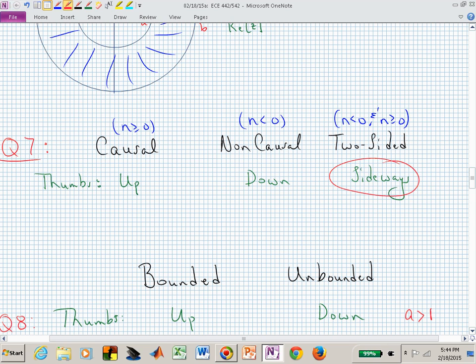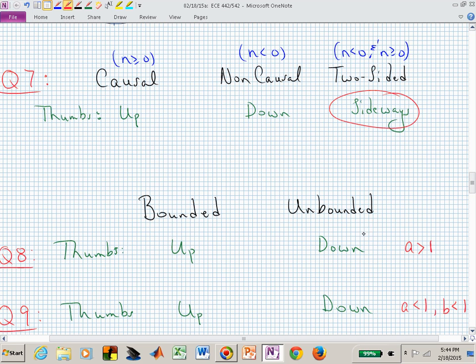Most thumbs being shown are pointing down. Is that correct? Yes. Now A is, let's say, 2.